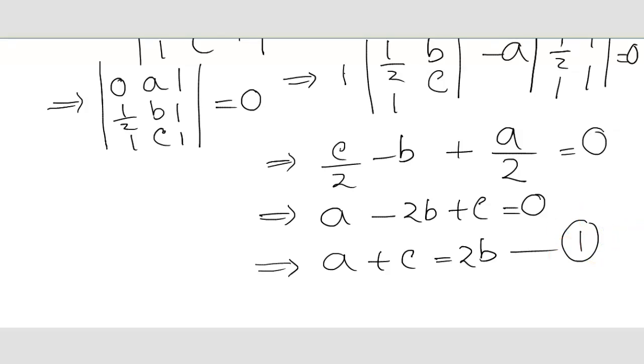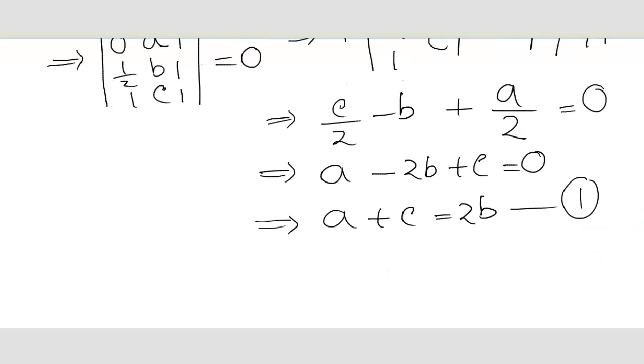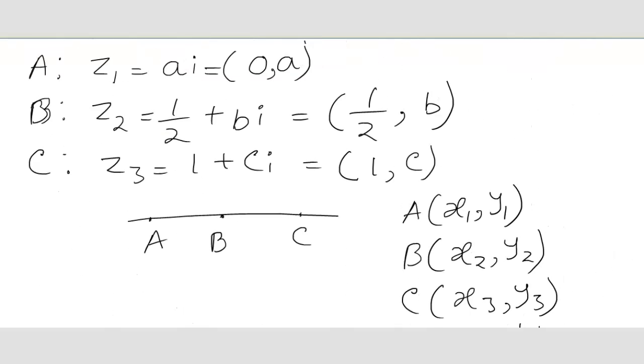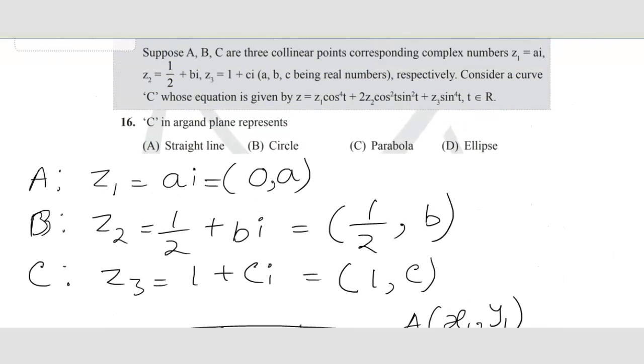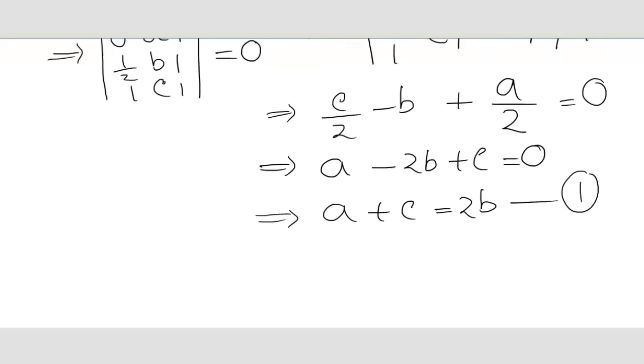It is given. Now comes to our original question. It is given that the equation of the curve z is given by z equals z1 cos^4 t plus 2 z2 cos^2 t sin^2 t plus z3 sin^4 t, and now we have to use this equation. Let me write it for you.